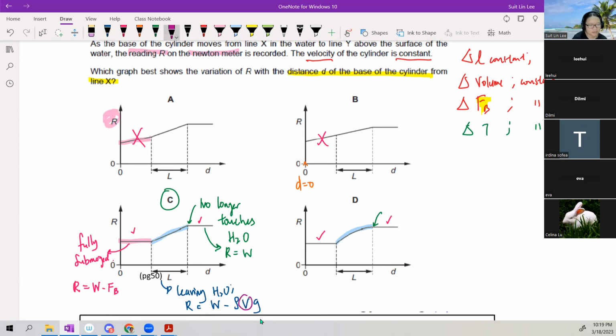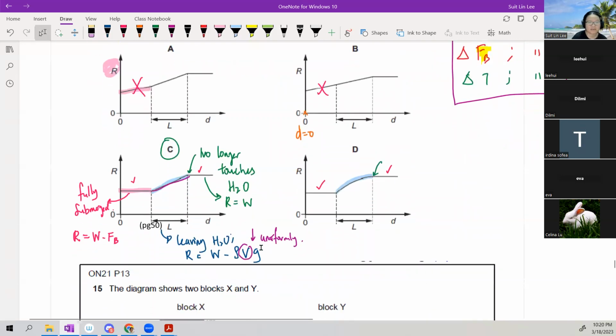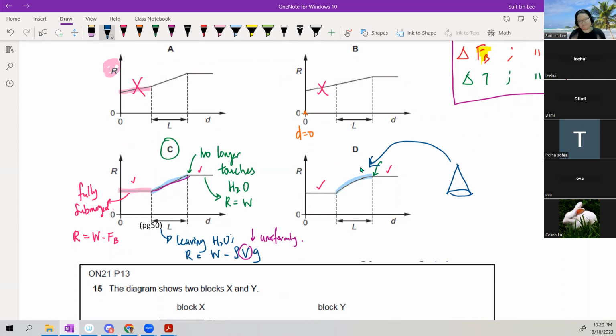But V decreases uniformly. How do I know? Because velocity is constant and this whole thing here. That's why you get this section here. So as this one gets smaller and smaller, the value of R becomes bigger and bigger. If you want to get this kind of graph, then your shape has to look like this, some Christmas tree shape. Then this one is possible. Some Christmas tree shape, can.